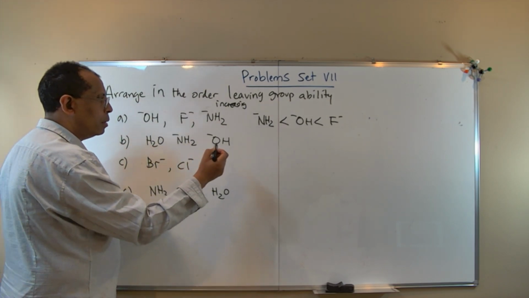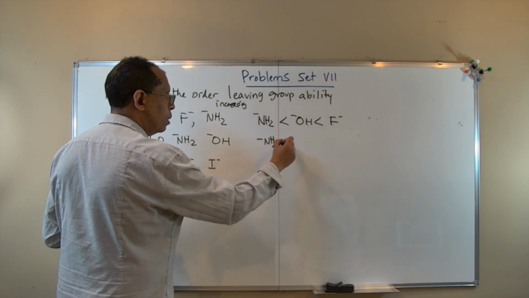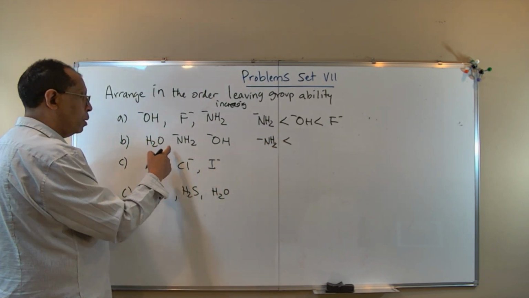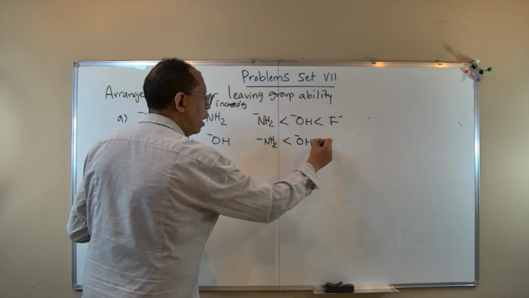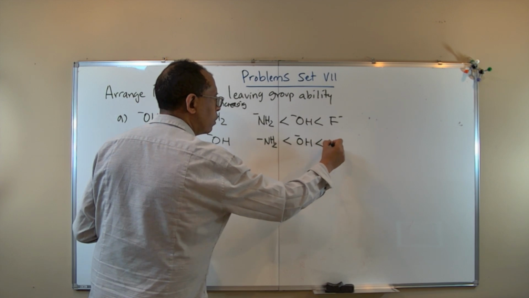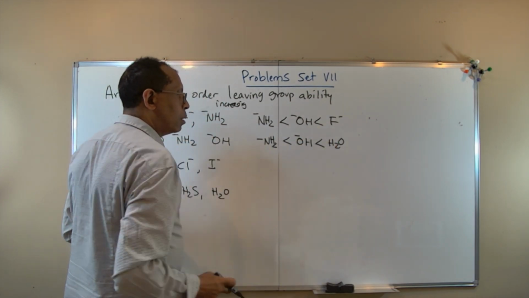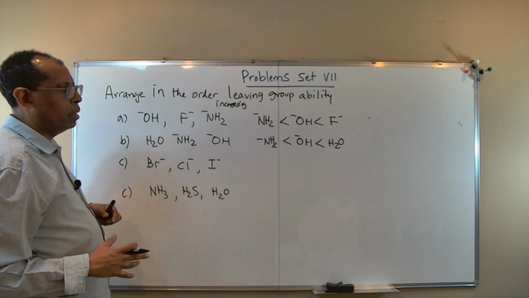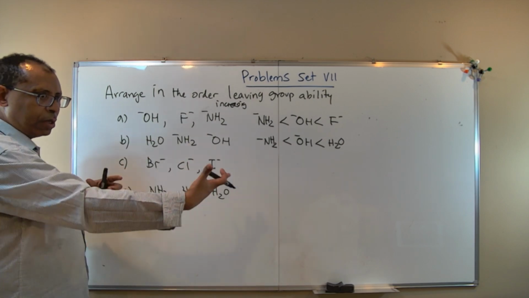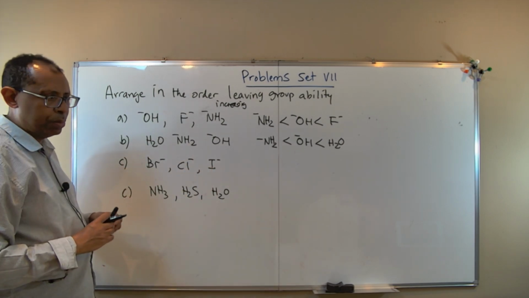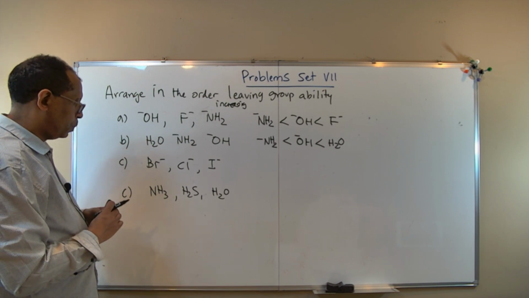Here as well, NH2 is again not a good leaving group. The next base would be OH in this, and the best as a leaving group would be now water. We know water is a good leaving group. It's a weaker base, and it's a weaker nucleophile than those, but as a leaving group, it's a good leaving group. So that's how we see it.